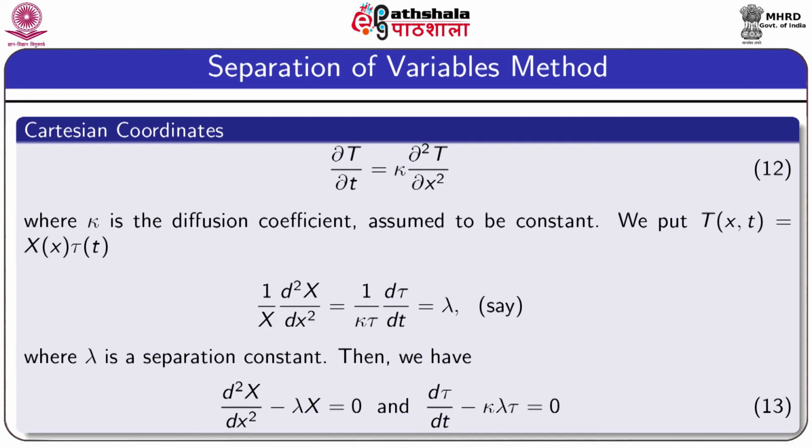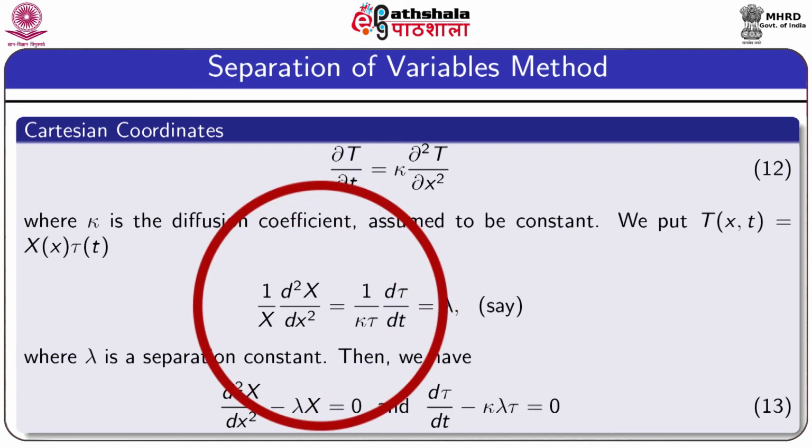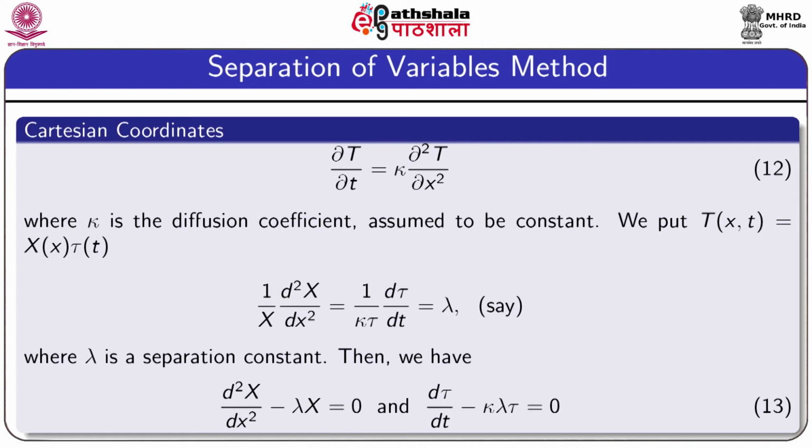Substituting the expression for capital T in equation 13, we obtain 1 by X d2X dx square equals 1 by kappa tau d tau dt. In this way we are separating the variables x and t. Let lambda be the separation constant.